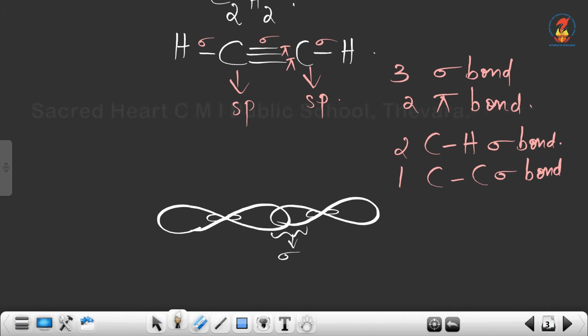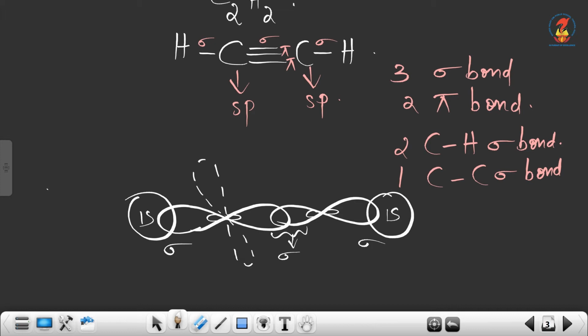Okay, and one of the hybrid orbitals will overlap with half-filled 1s orbital of hydrogen to form CH sigma bond. Now we have two unhybridized p orbitals on each carbon. These are the two unhybridized on first carbon.